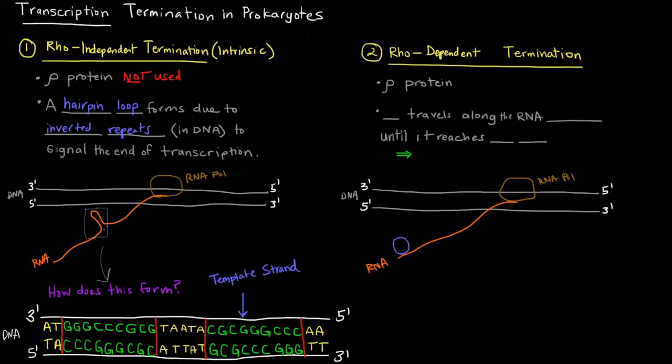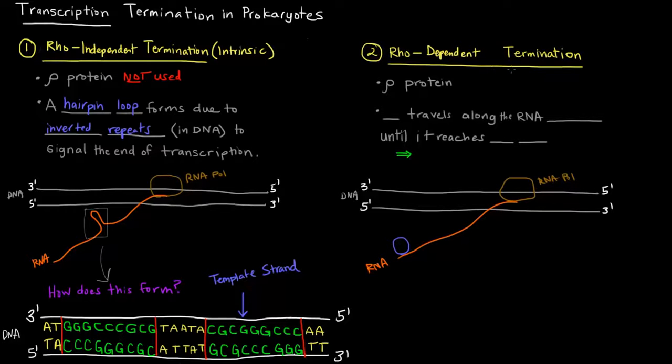This thing is the hairpin loop. Once that hairpin loop forms, that signals to the RNA polymerase to stop transcribing, and then the RNA polymerase falls off. Now this RNA polymerase is in a prokaryote, right? So it must be the core enzyme. So how does this hairpin loop actually form? That's something we'll get to in just a moment after we talk about an overview of rho-dependent termination.